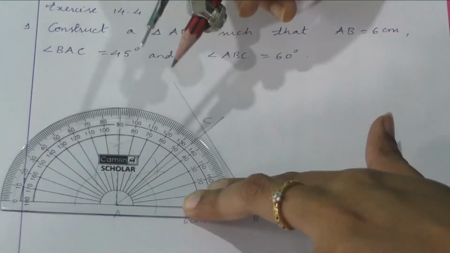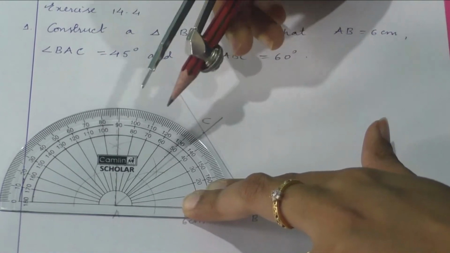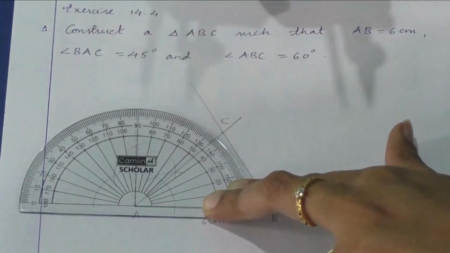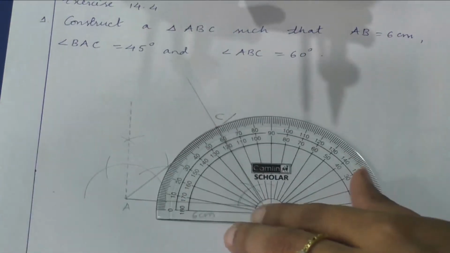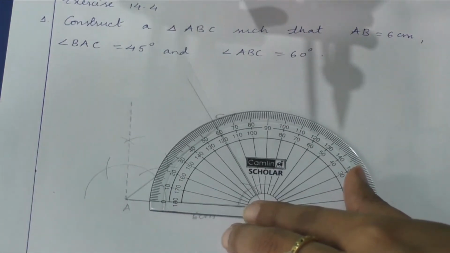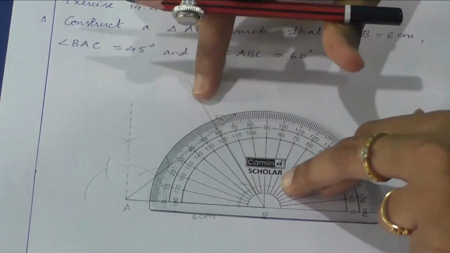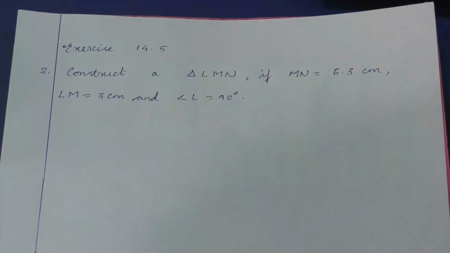So after completion you can check whether the angle formed is correct or not. Now we have 45-degree here, and if you check here we would get 60-degree as the angle.